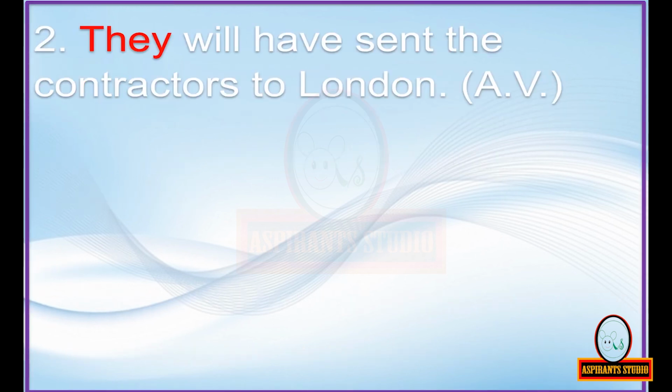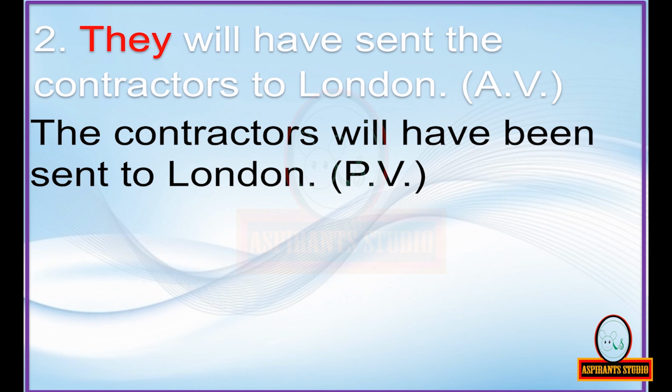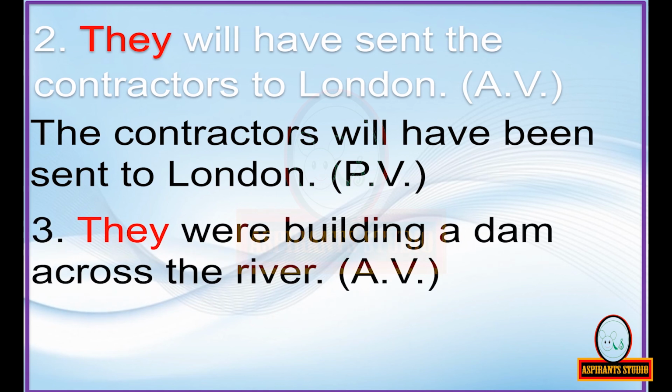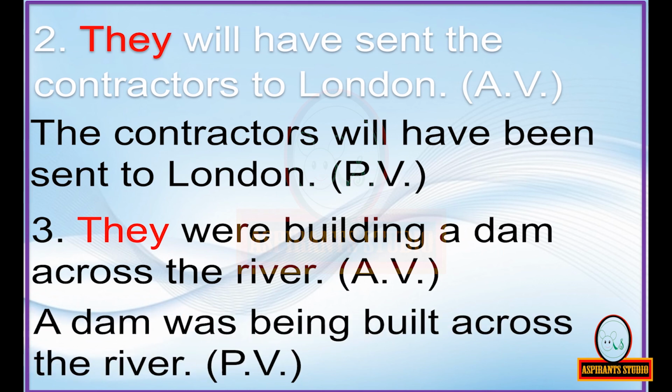They will have sent the contractors to London. Active voice. The contractors will have been sent to London. Passive voice. They were building a dam across the river. Active voice. A dam was being built across the river. Passive voice.